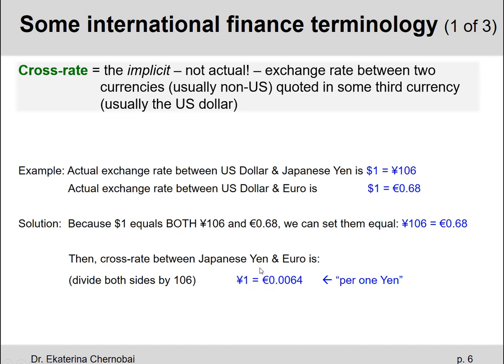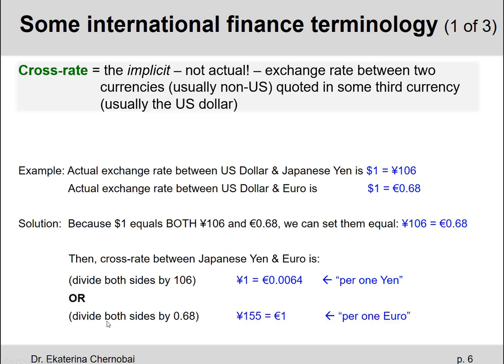So this is the cross rate, the implied exchange rate between the yen and the euro, expressed in terms of how many euros it is per 1 Japanese yen. But of course, there is another way of writing this implied exchange rate, in terms of how many yen it is per 1 euro.